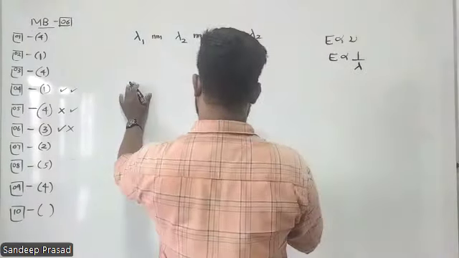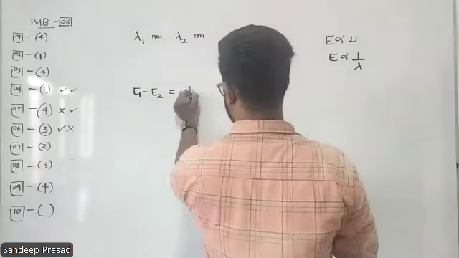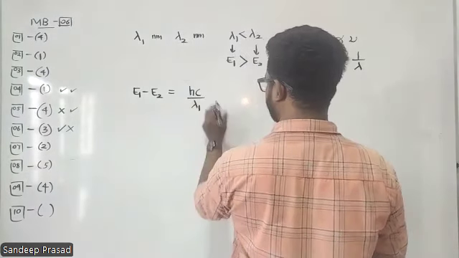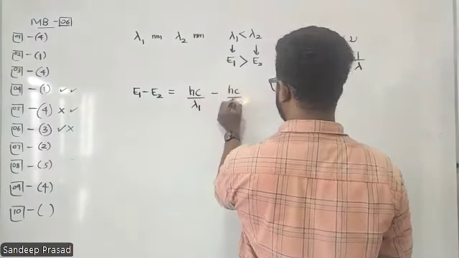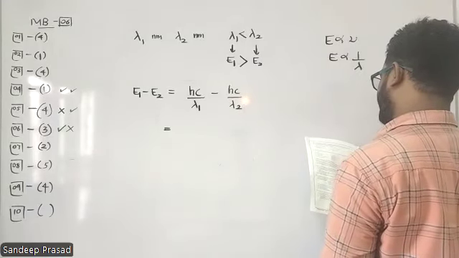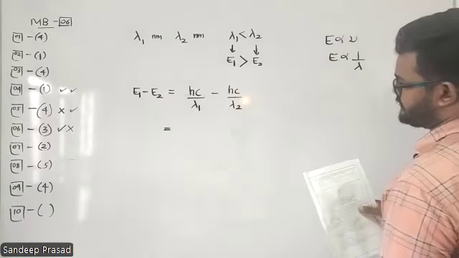Since they're asking for the energy range, let me consider E1 minus E2, because E1 is the largest. Then apply the equation: hc over lambda 1 minus hc over lambda 2, where hc is a constant. Now you have to understand that they have given 10 to the power minus 19 joules.